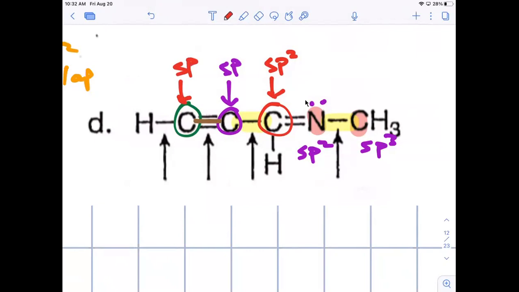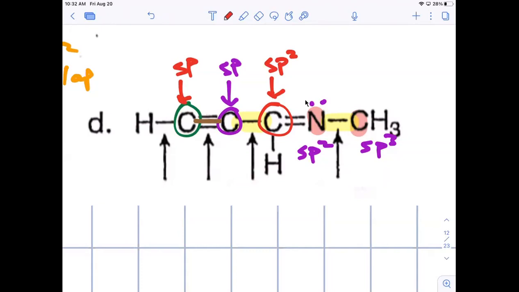If we say the one on the right, the purple one, is SP hybridized, the other one in the triple bond also has to have the same hybridization state. So they're both SP. So the overlap between them is SP-SP. Is that right? Yes.